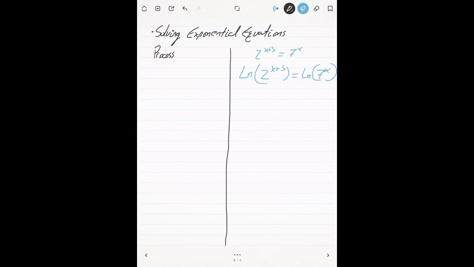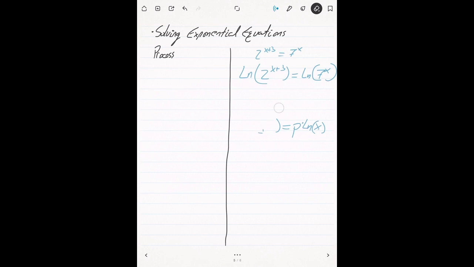What we're going to do here is use our properties of logarithms. This was the only situation we had where we could take the exponent and move it out front. Remember that property that said if you're taking a logarithm of some quantity to an exponent, then you could bring that exponent out front and multiply it by the log of that quantity.